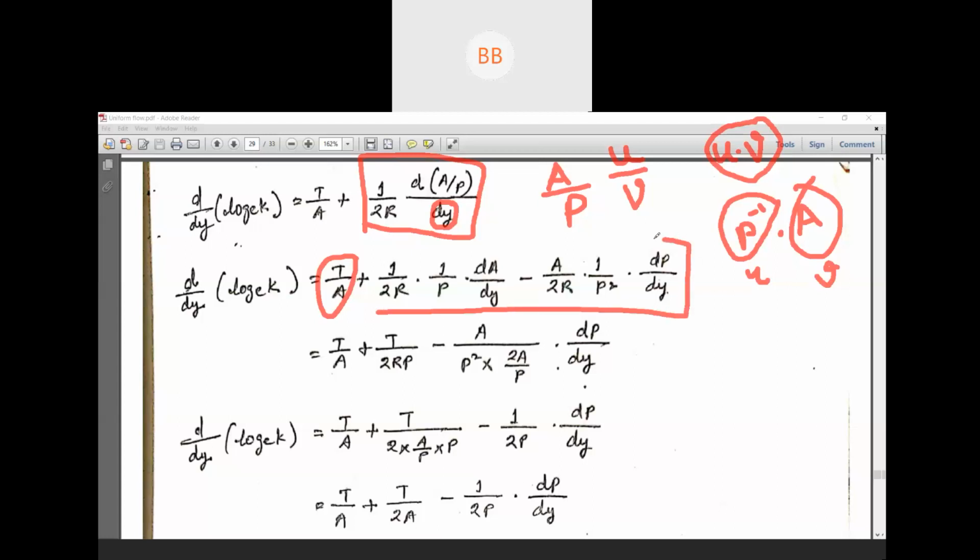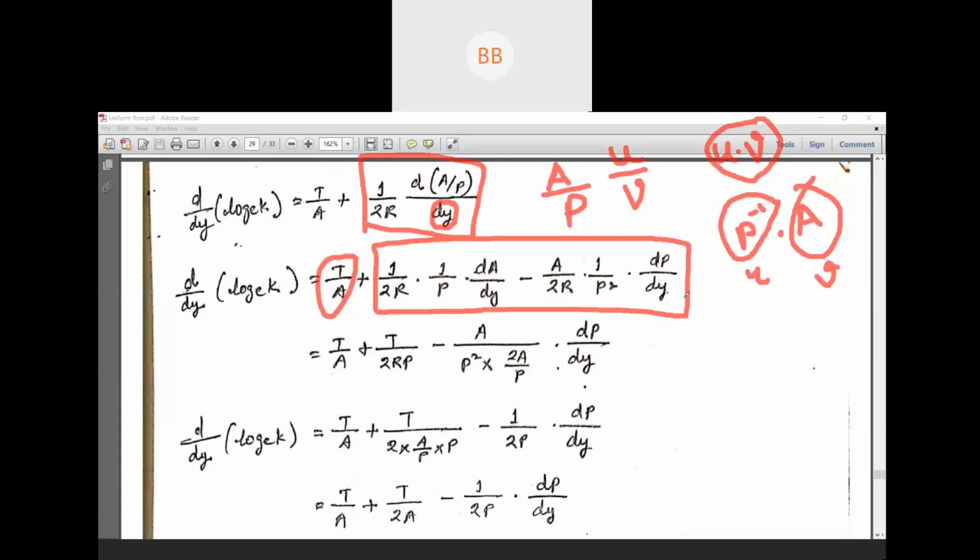Okay. So I suggest you kindly see whether you are getting this or not. After applying this formula, u by v or u multiplied by v, it's up to you which one you want to do. If you get this, then it's okay. Then we'll move on to the next line. But you should try. It's a simple differentiation.